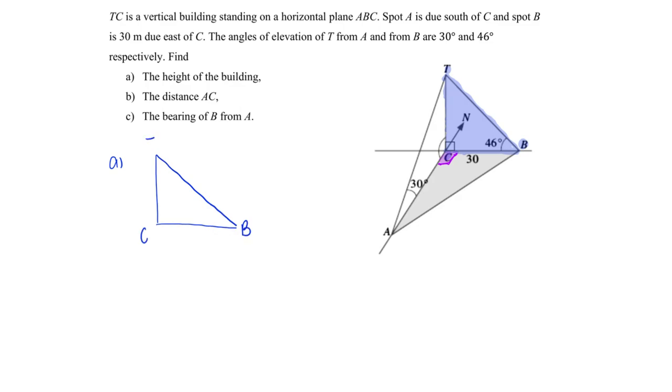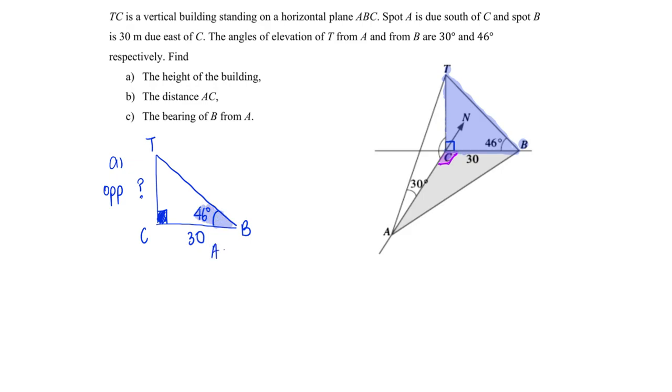I will have this right angle triangle here, because TC is a vertical building. I will have 46 degrees and 30 meters here, and TC is the question mark, the opposite side with respect to this angle.